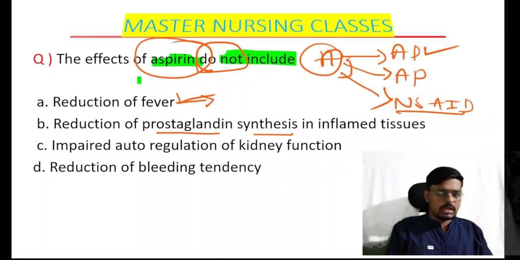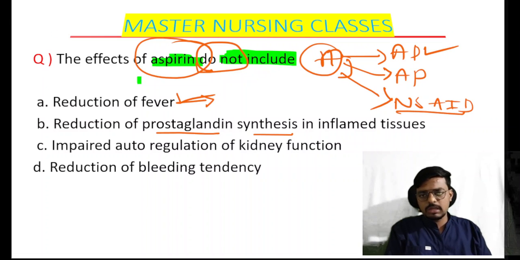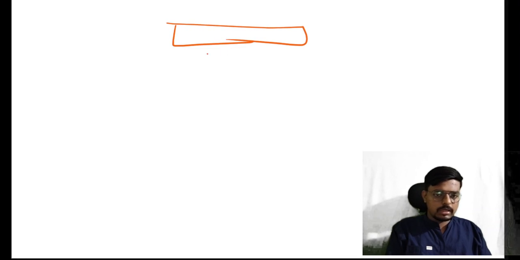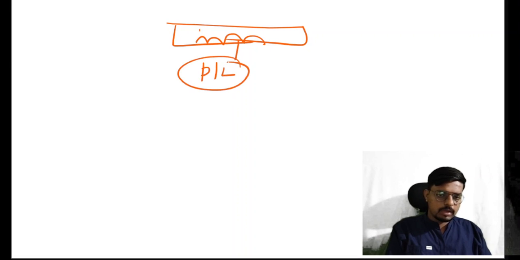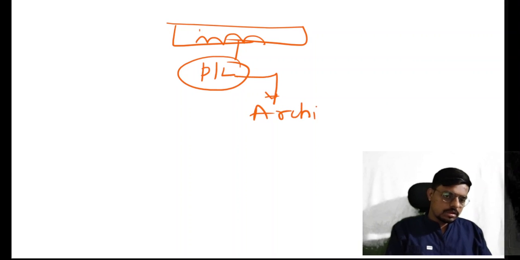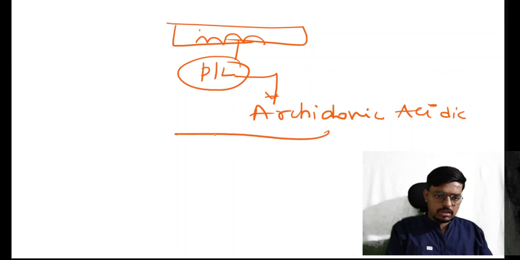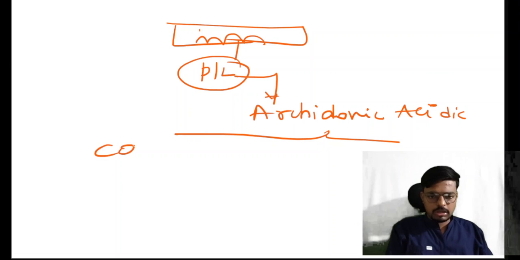Option B is reduction of prostaglandin synthesis. As I told you, it is an NSAID. So how does an NSAID work? Whenever there is damage to any cells of the body, like epithelial cells, phospholipid will be released. From phospholipid there is release of arachidonic acid. This arachidonic acid stimulates the COX pathway.